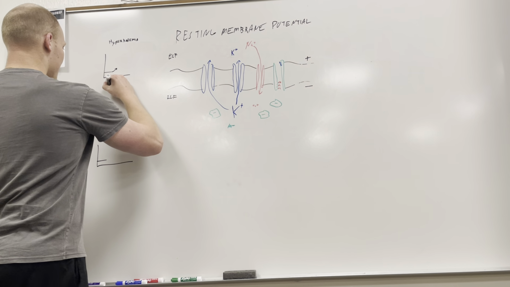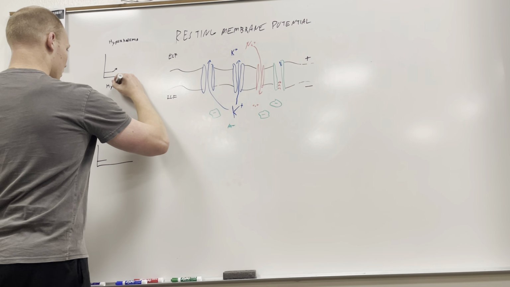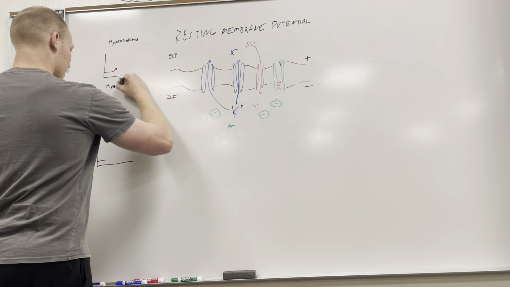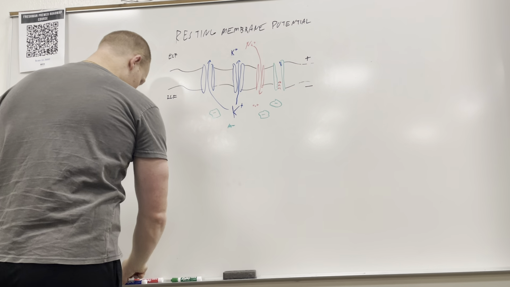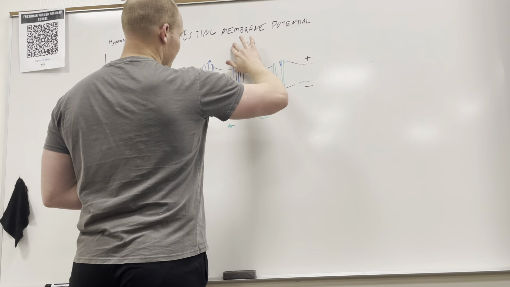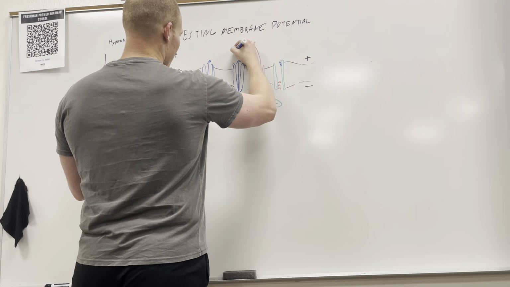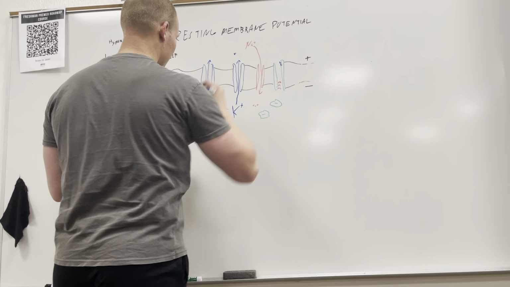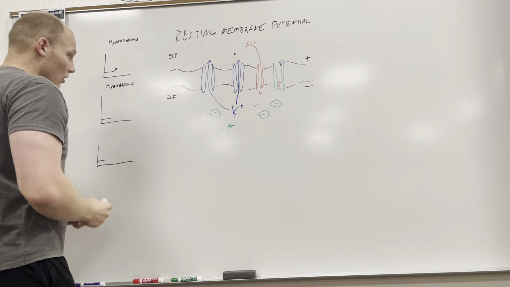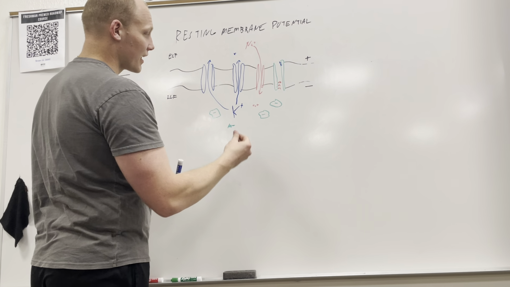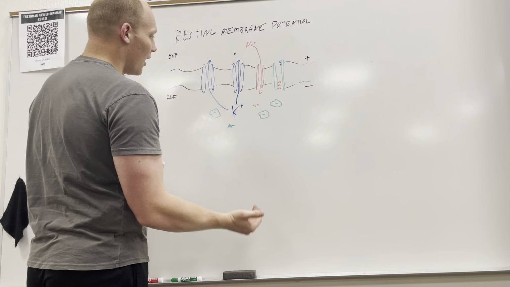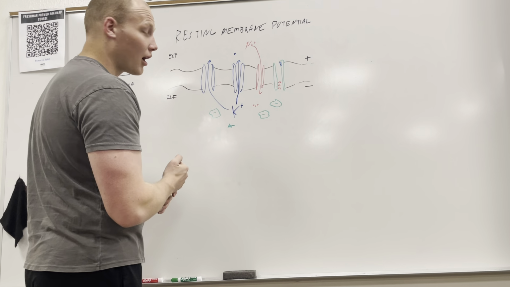Then if we do the opposite and we have hypokalemia, and we take this potassium and we make it really small concentration outside the cell. What that's going to do is it's going to do the opposite. It's going to increase this concentration gradient, and it's really going to pump potassiums across.